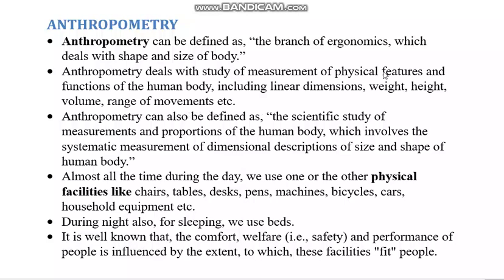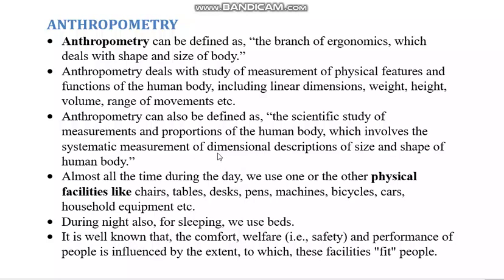So physical features and functions of the human body, that is what anthropometry deals with. Anthropometry can also be defined as the scientific study of the measurements and proportions of the human body, which involves systematic measurement of dimensional descriptions of size and shape of the human body.